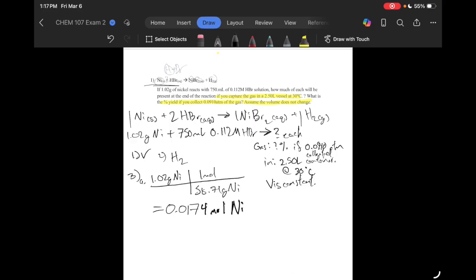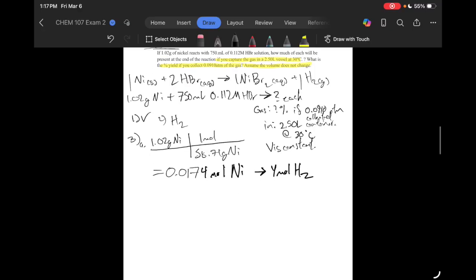Now from this, we want to find X, or let's say Y, the moles of H2. So we need to know the conversion factor. What is it? It's going to be our molar ratio. So what's our molar ratio?